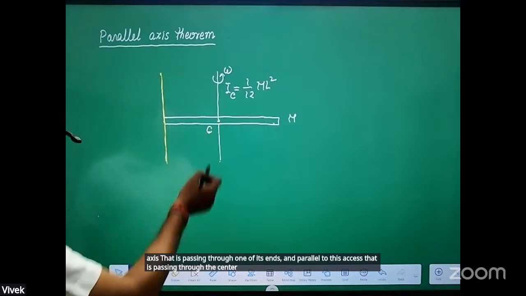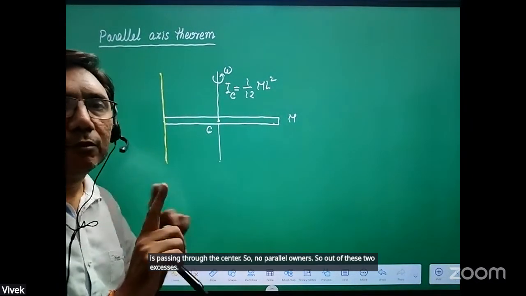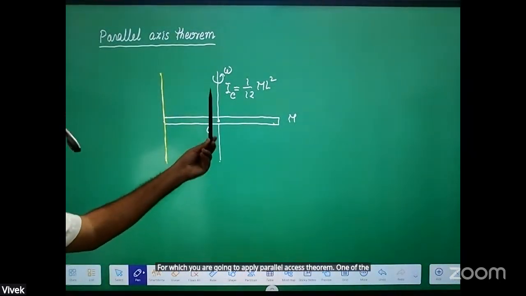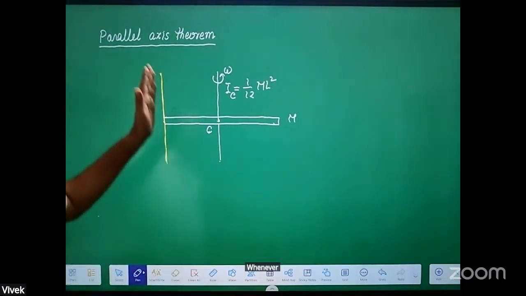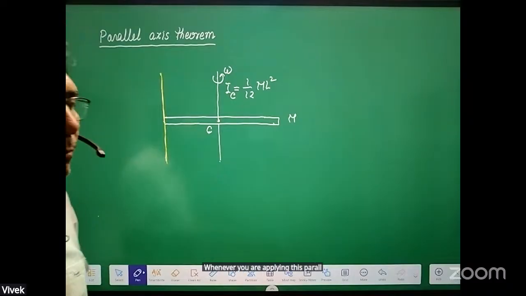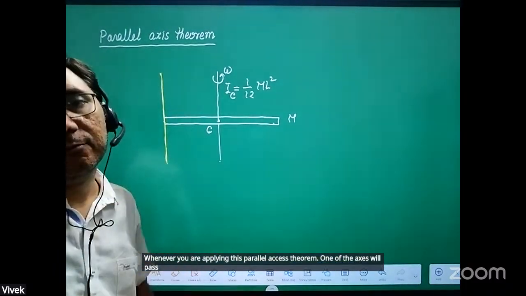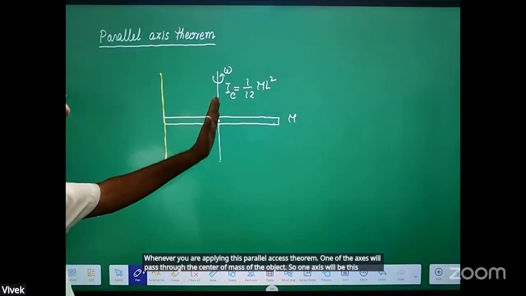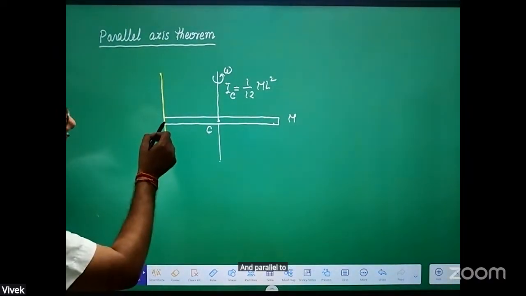So both must be parallel. Out of these two axes for which you are going to apply the parallel axis theorem, one of the axes must pass through the center of mass of the object. The second axis can be anywhere and parallel to this. Suppose that axis is here.